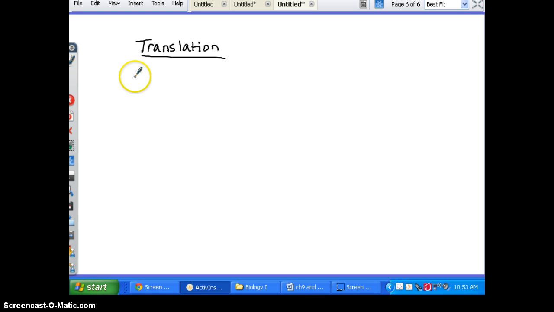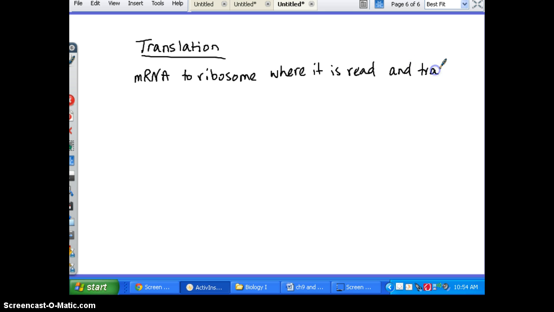So in this case, we are taking messenger RNA to the ribosome. It gets read. And transfer RNA brings amino acids to the ribosome to make a protein.